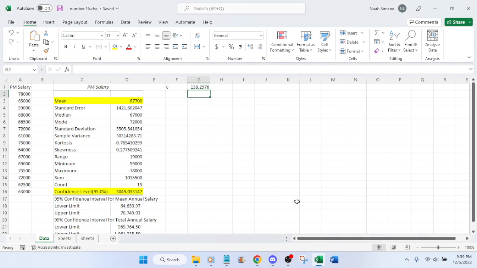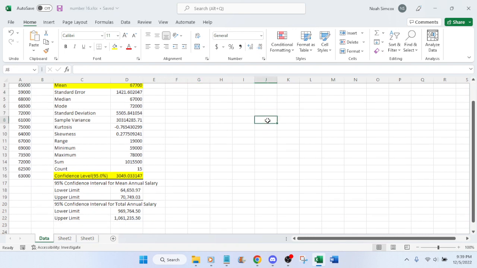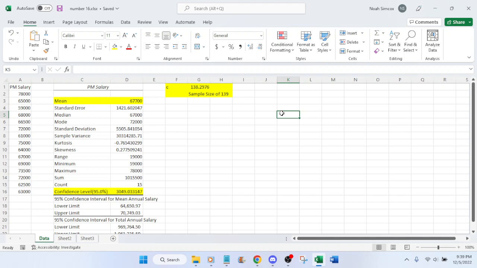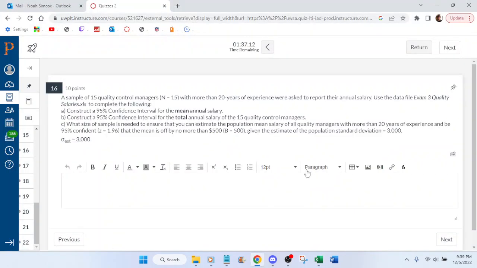Apparently the answer is 138. So we're going to have 139. So construct the interval.